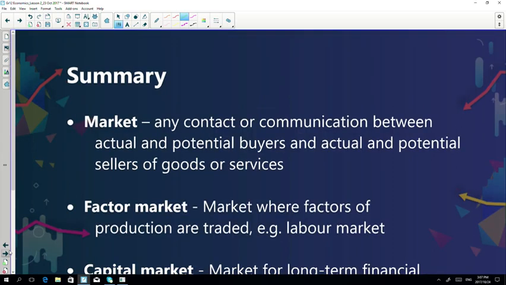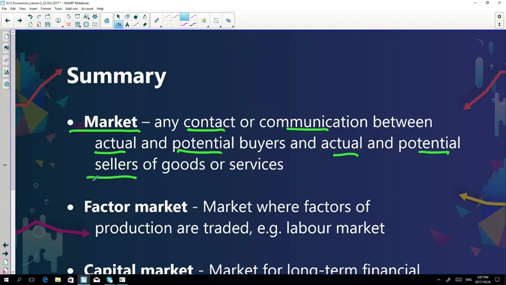All right, just to sum up what we have learned in today's lesson, we looked at the definition of what a market is. We said it's any contact or communication between actual and potential buyers and actual and potential sellers of goods and services.